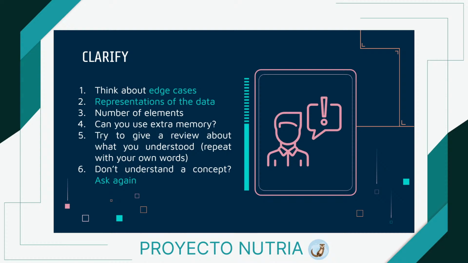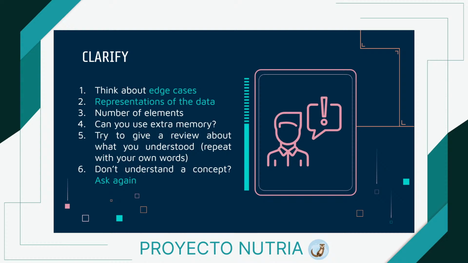The second point is representation of the data. Let's say my question is about a binary tree, and maybe the interviewer is going to give me a pointer to a leaf, not a pointer to the root of my binary tree.